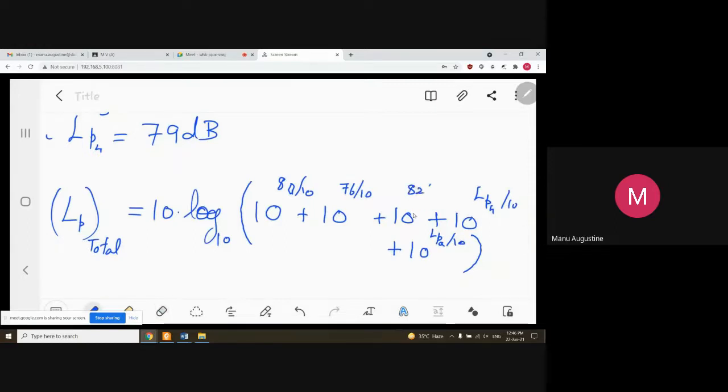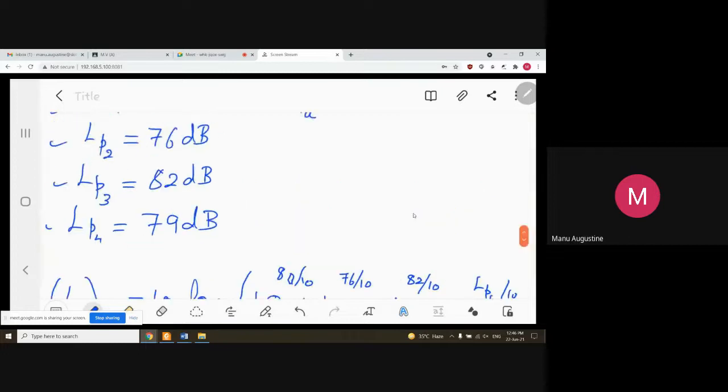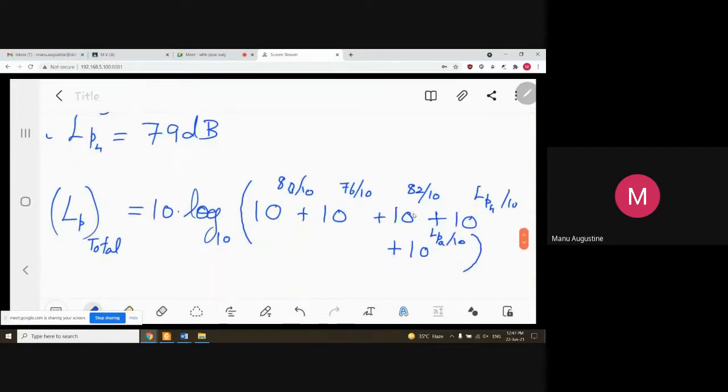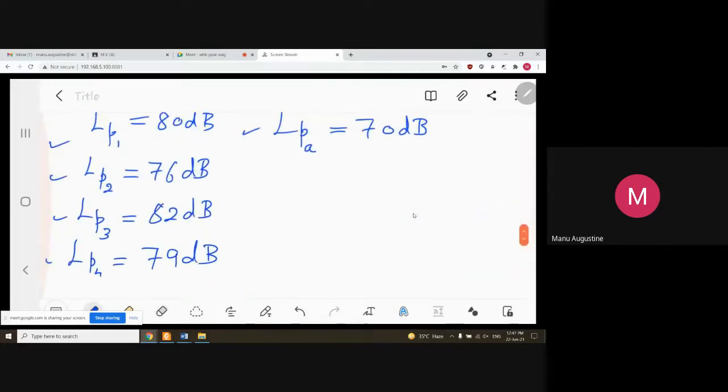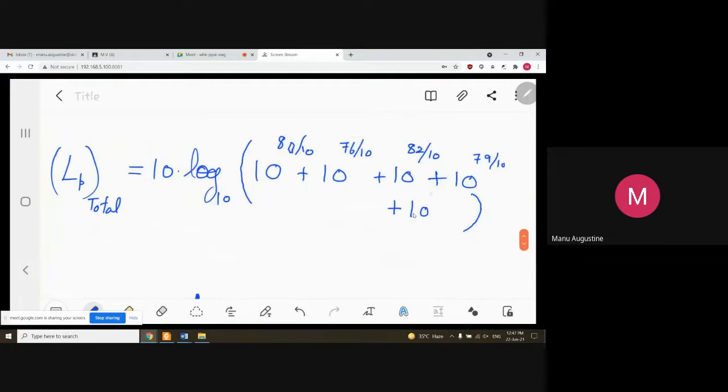This is 82 by 10. LP4 is 79. This is 79 by 10. And LP ambient is 70. This is 70 by 10.